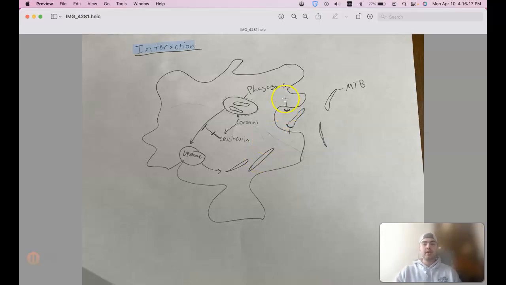Now, as you can see, we have our macrophage. And tuberculosis is caused by the bacterium Mycobacterium, and it can infect both prokaryotic and eukaryotic cells within the human body.